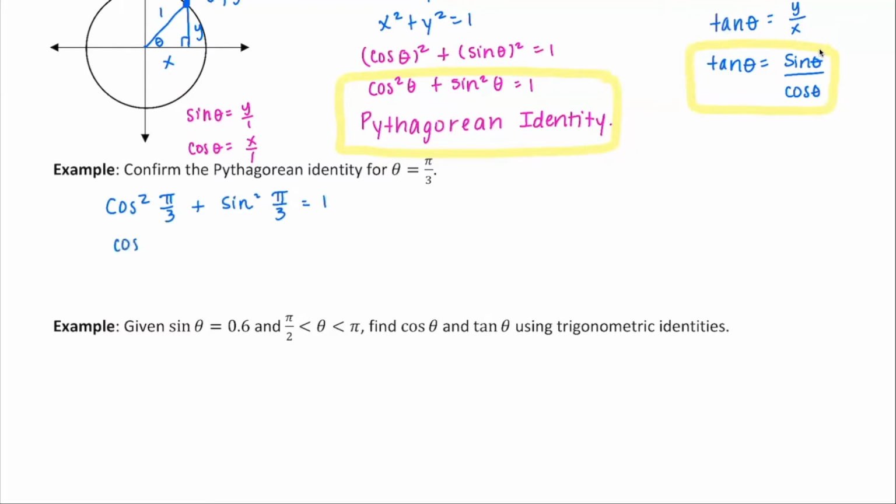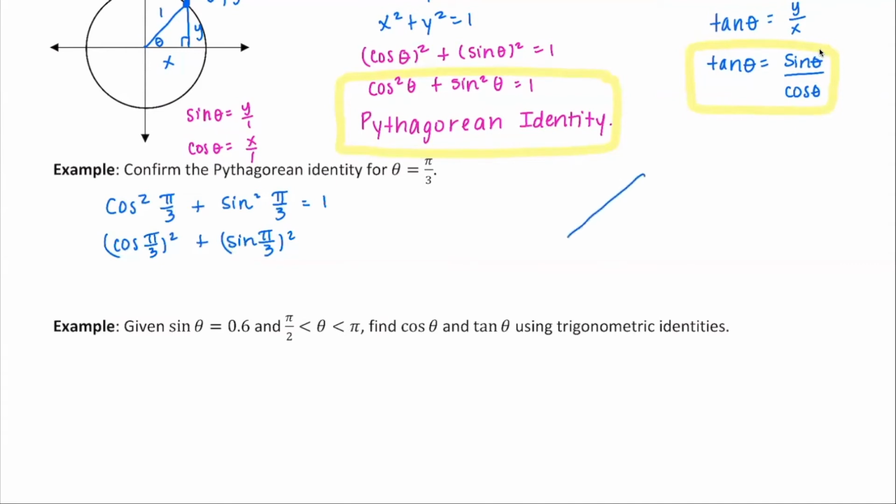So cosine squared pi over 3 is the same thing as cosine of pi over 3 squared, and similarly for sine of pi over 3 squared. So all we have to do here is evaluate sine and cosine of pi over 3.